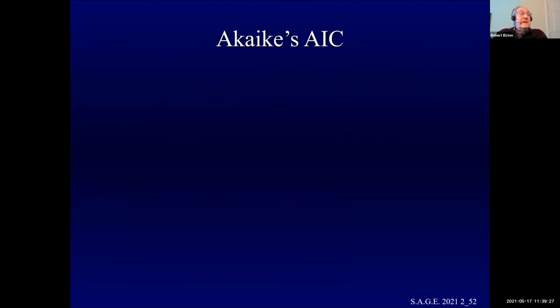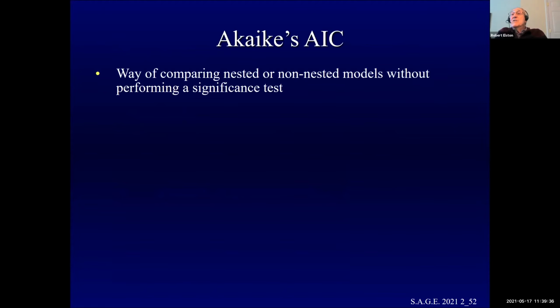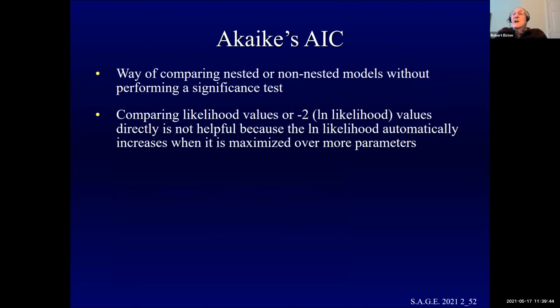So I want to talk now a little bit about Akaike's AIC. That's the A information criterion. It's a way of comparing nested or non-nested models without performing a significance test. You compare the likelihood values of minus twice the log likelihood.